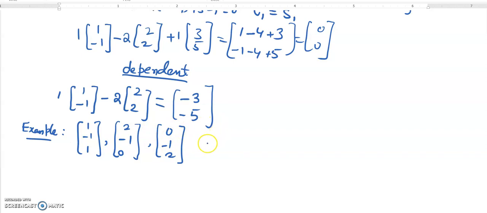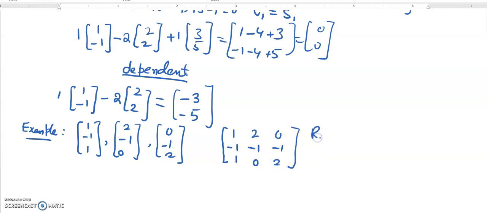So the easiest, most direct way to determine this is to convert them into an augmented matrix: 1 -1 1, 2 -1 0, 0 -1 2, and then apply the row operations.